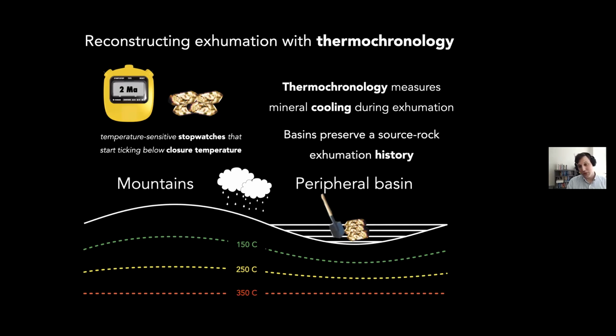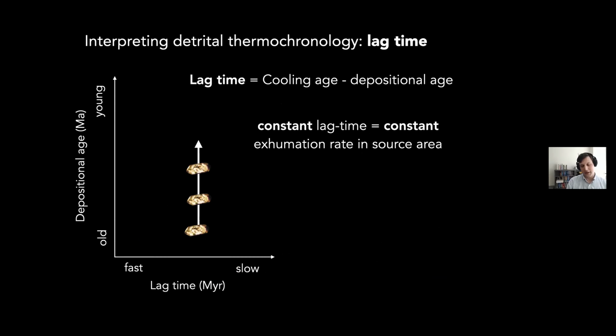So although the basin preserves a very nice record of source rock exhumation history, we need to account for the fact that those stopwatches are still ticking by separating out the closure age and the depositional age. We do this by calculating something called lag time, and then basically thinking in lag time instead of cooling age or closure age henceforth.